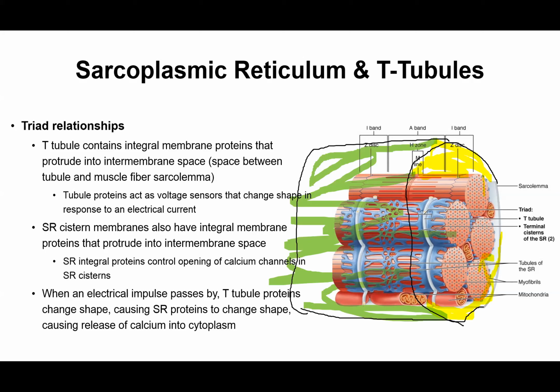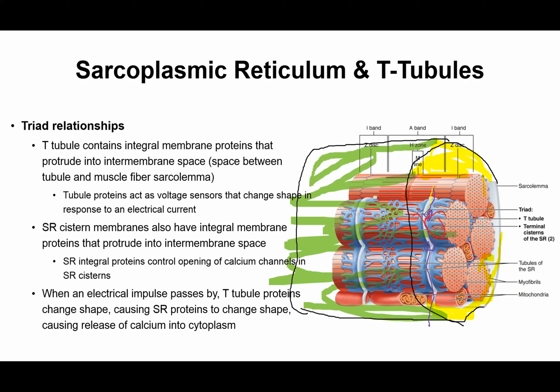So basically what's happening is that whenever there's an electrical signal passing through, whenever it comes through the T-tubule, the T-tubule changes its shape. So it's coming through, the electrical signal is passing by, and the T-tubule is changing shape.